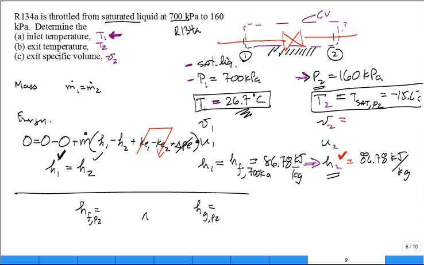Can you grab a hold of 26.7 degrees C and hold your hand there for a long time? It's going to be warm, isn't it? You can feel it. Can you grab negative 15 degrees C and hold it for a long time? No, it's going to be cold. What is that change in temperature?